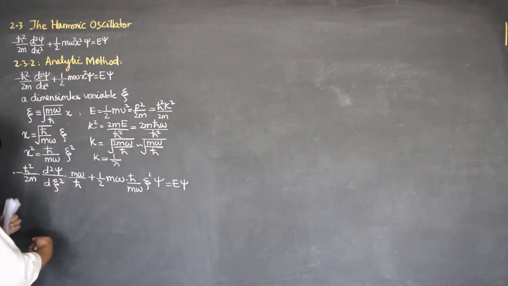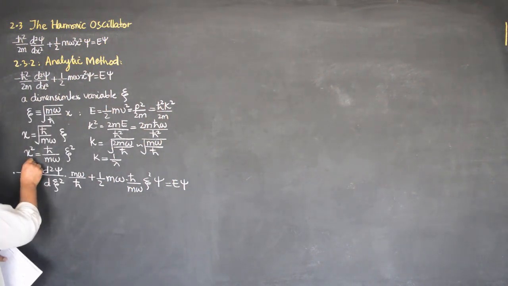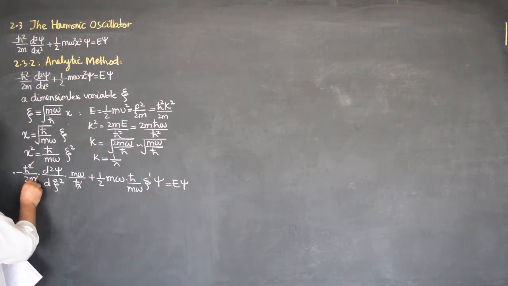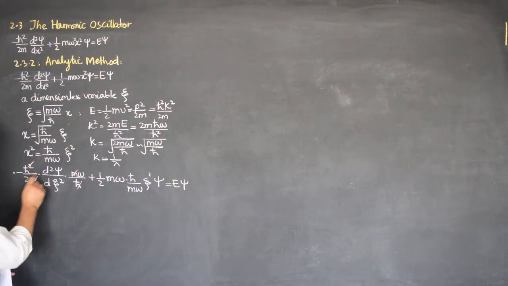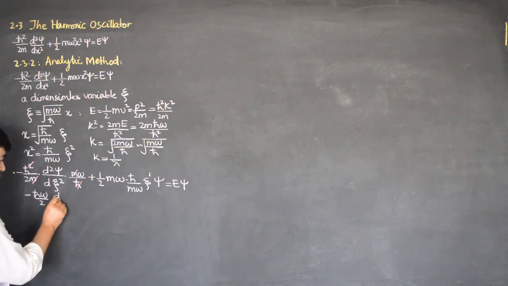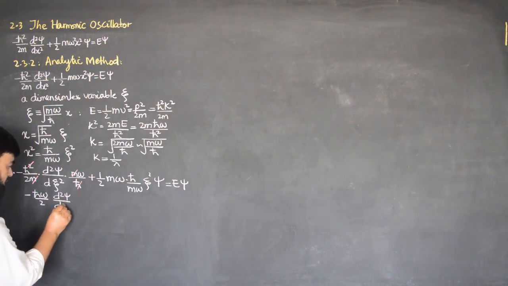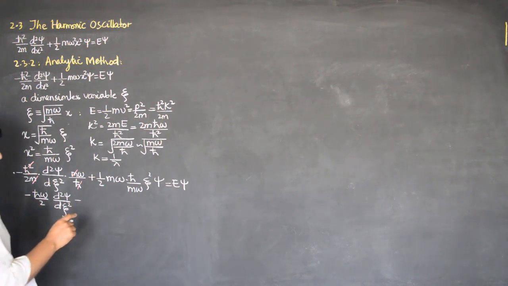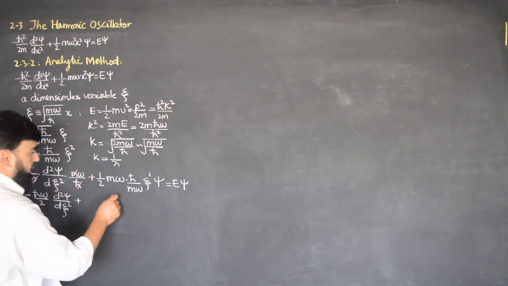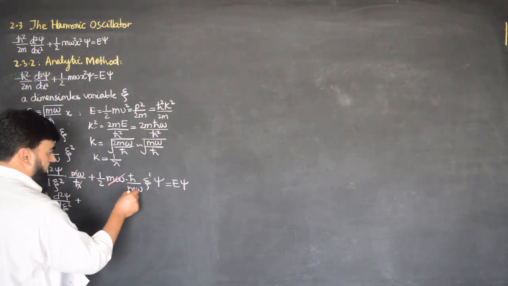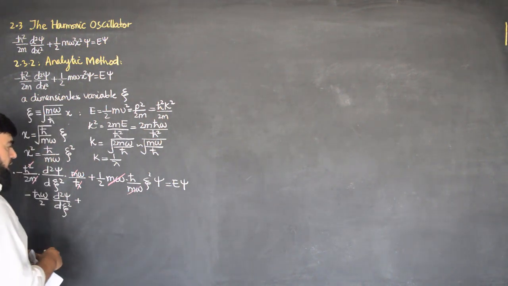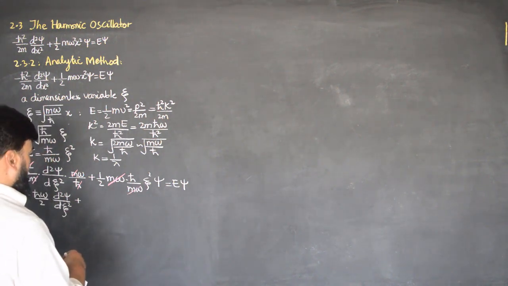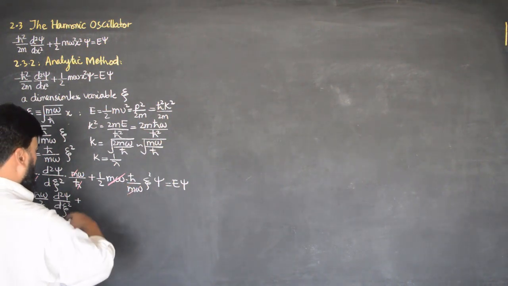Now do some simplification here: h will cancel with this, m will cancel with this. So I have minus h bar omega over 2 d²ψ over dxi squared plus, now look here, m omega will cancel with m omega, and we are left with h bar over 2.